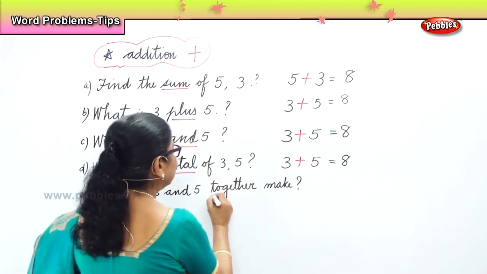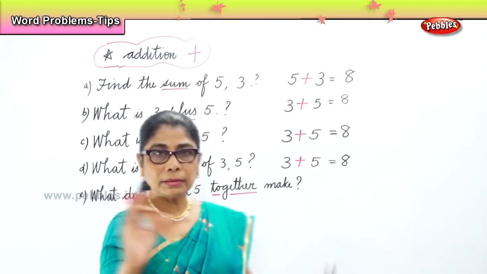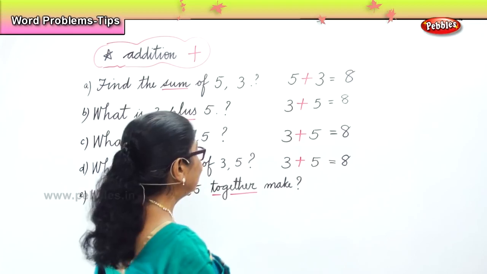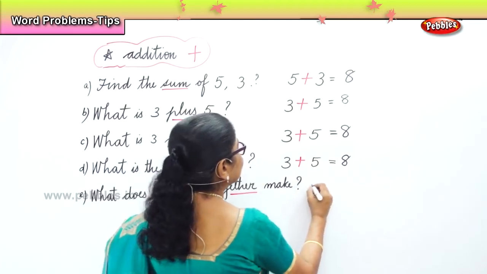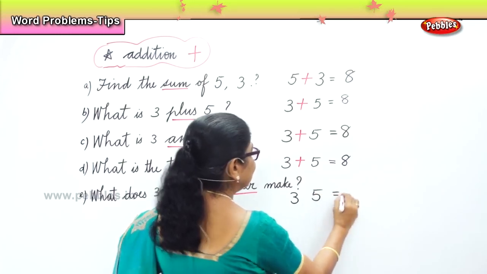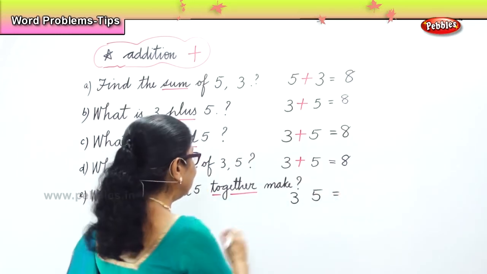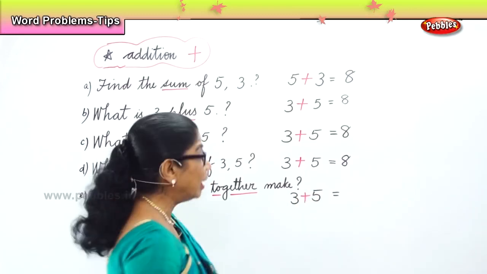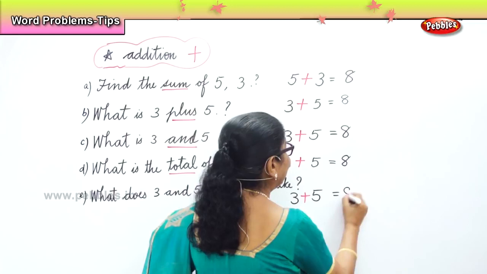When you say together, the word together means put this one and that one together. Addition, add. So 3 plus 5. Together means plus. 3 plus 5 make 8.